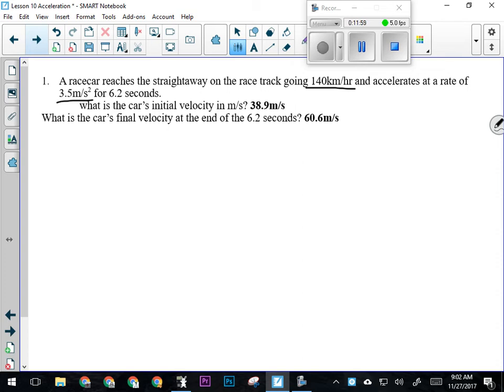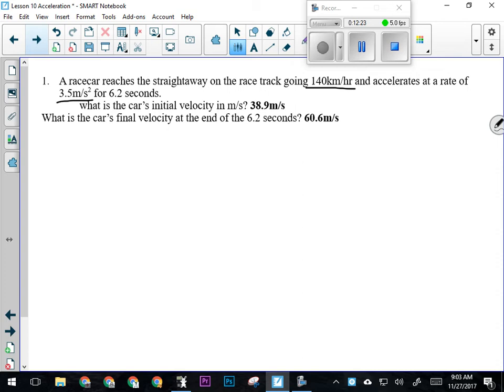And the most logical thing to do is to convert the kilometers per hour to meters per second, because otherwise I've got to change two other numbers, and then I'm going to get weird answers, like 6.2 seconds is a very small fraction of an hour, right? It's going to make a really weird answer. So we're going to convert the 140 kilometers per hour.